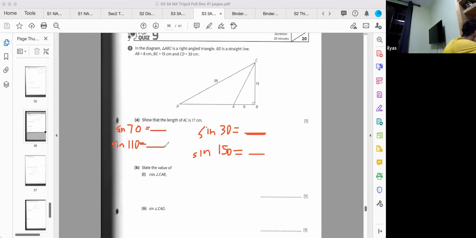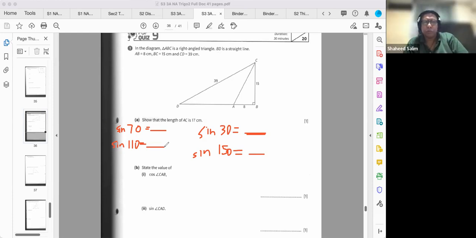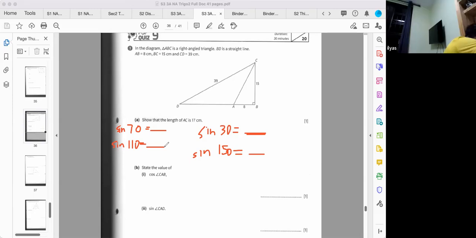Yeah. So what is the rule for sine that you can tell me? Some numbers got different values.